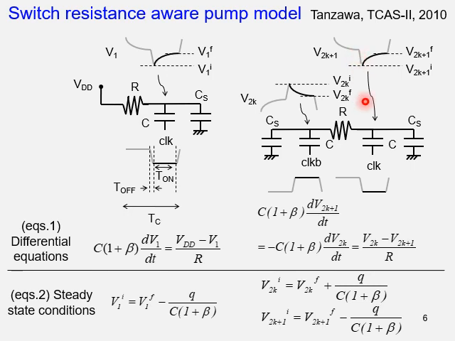At the same time, this node goes down with the clock edge, then is charged up to this final voltage condition. So that situation is described by this differential equation. And also you have the steady state conditions for those two capacitors like this.